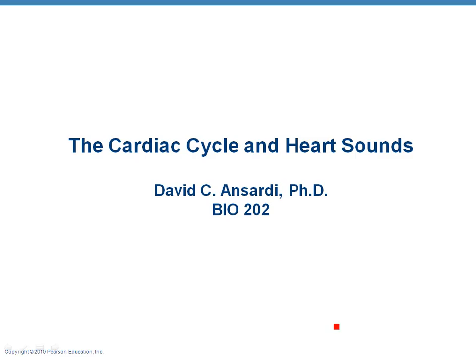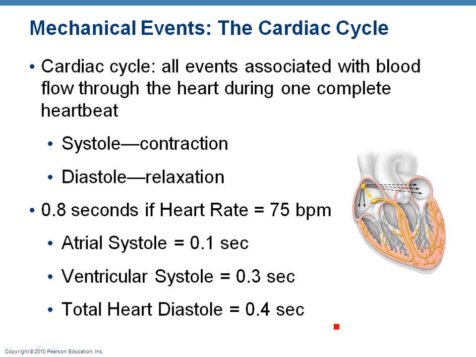Alrighty, so let's start talking about the cardiac cycle. As I mentioned already, the cardiac cycle includes all of the events associated with one heartbeat. One heartbeat is one cardiac cycle. So what has to happen to make one heartbeat occur?